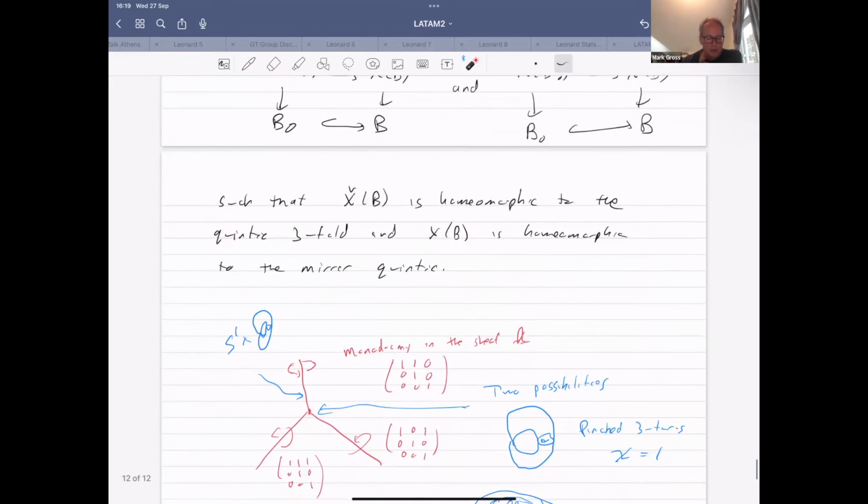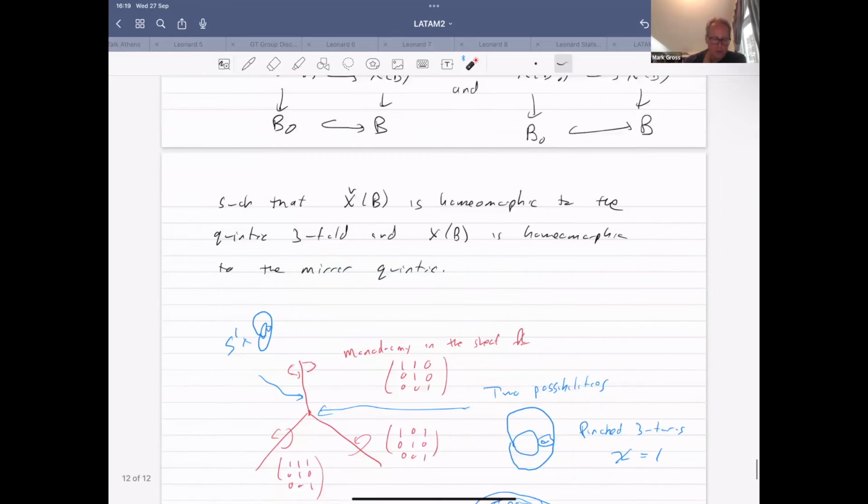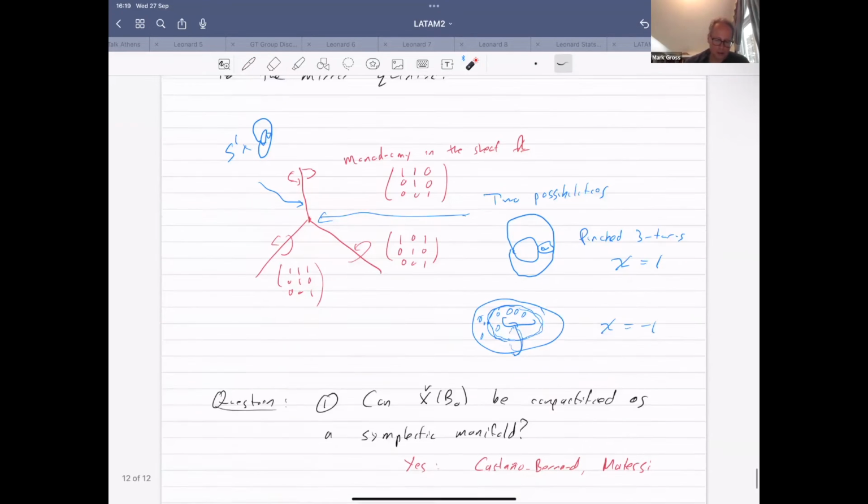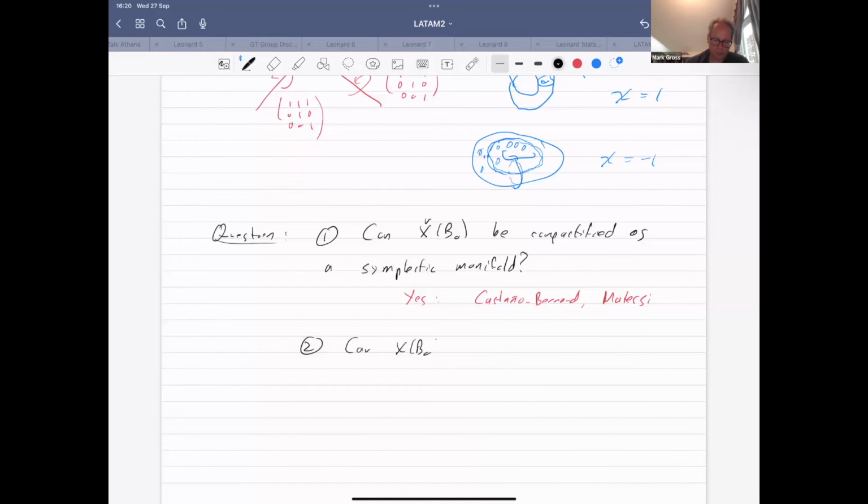The second part is, can X of B0 be compactified as a complex manifold?